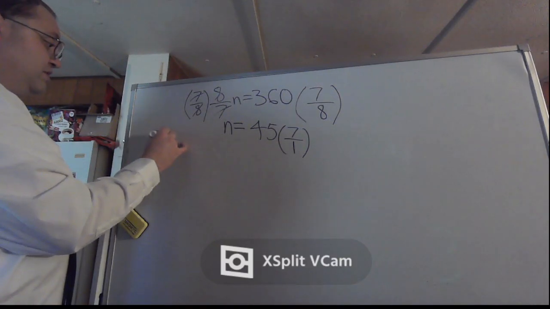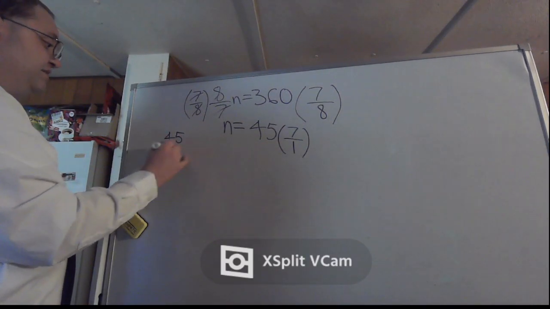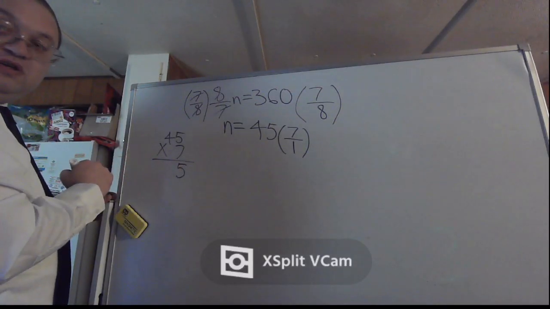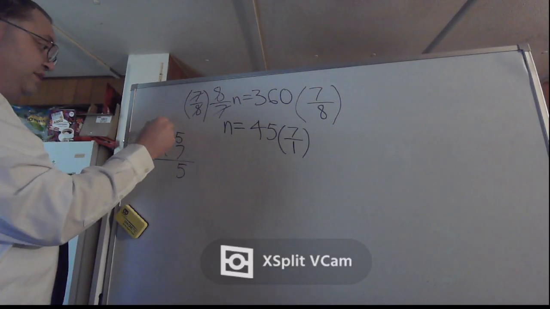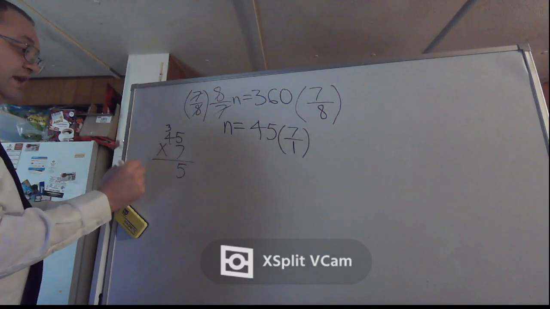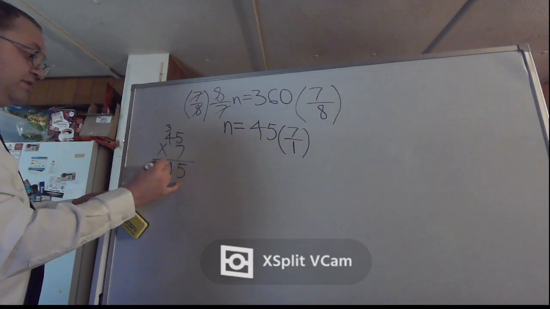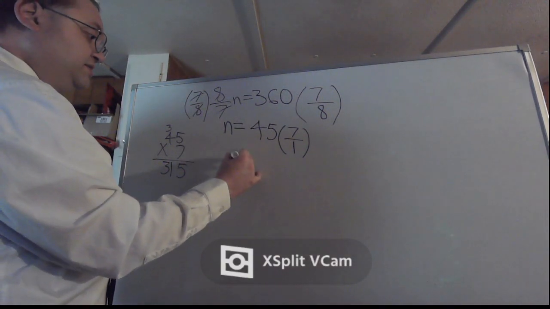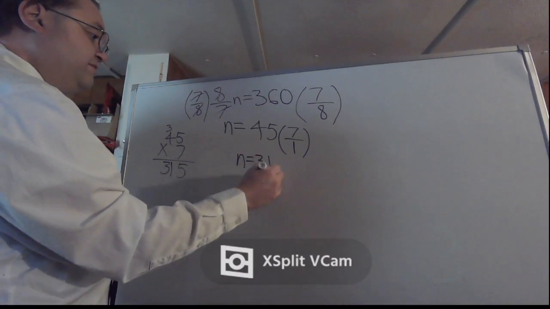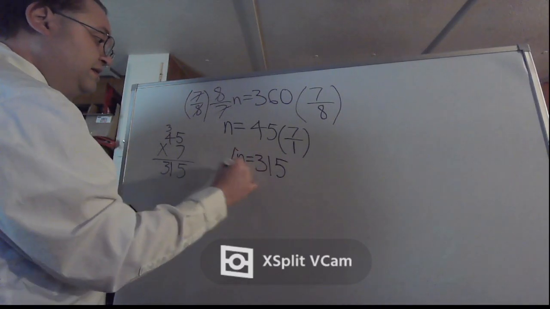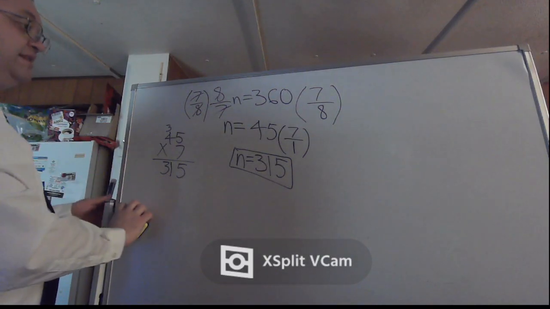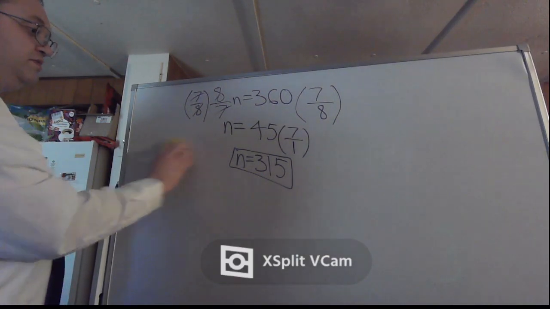So 45 times 7, 5 times 7 is 35. So carry the 3. 7 times 4 is 28, plus 3 is 31. So looks like n is going to be equal to 315. And that would be your final answer.